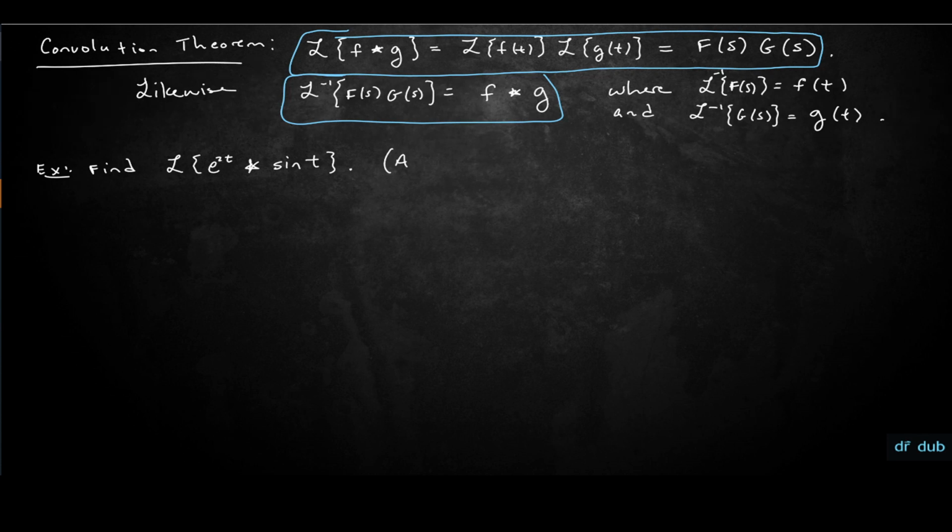Alternatively, that could be asked. So an alternate question could be: find the Laplace transform of the integral from 0 to t of e to the 2 tau sine of t minus tau d tau.